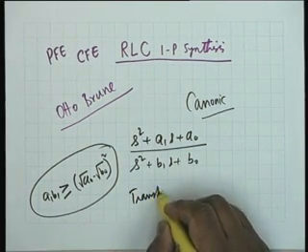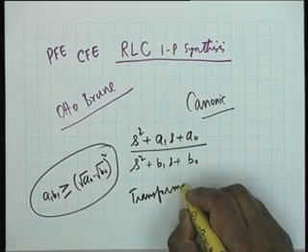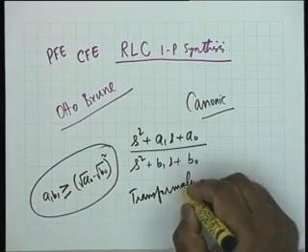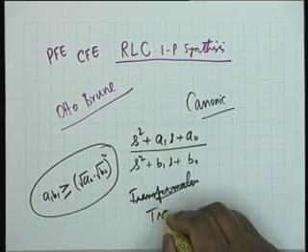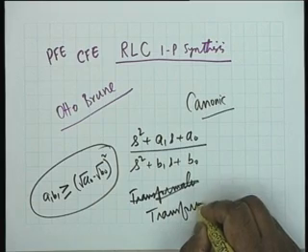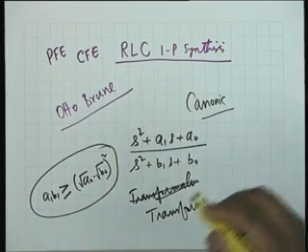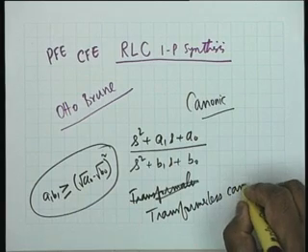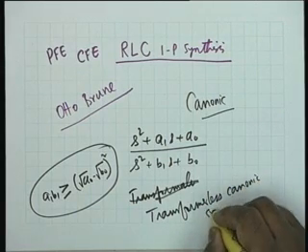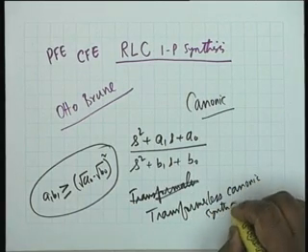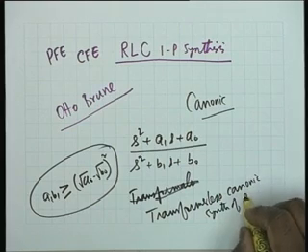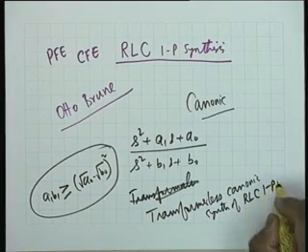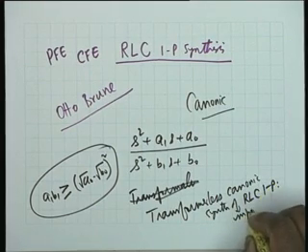This is beyond the scope of this course, but I think you should know the beautiful, elegant history that is behind one port synthesis. Transformerless canonic synthesis of an RLC 1 port is an impossibility.